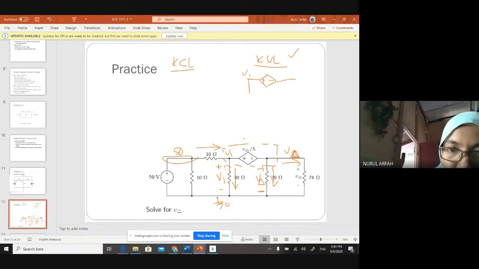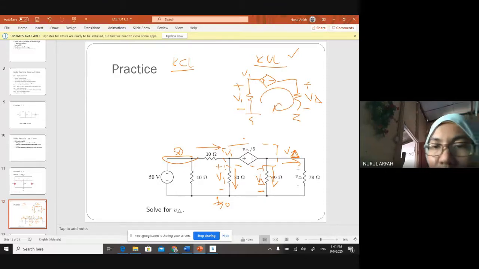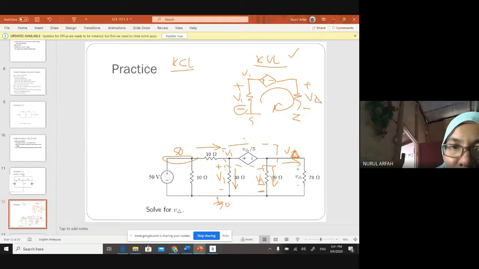This is V1, and plus minus V delta. So the loop is maybe something like this. Your equation should be, maybe start from here, minus V1 plus this value, V delta over 5, plus V delta over 5, plus V delta equal to 0.